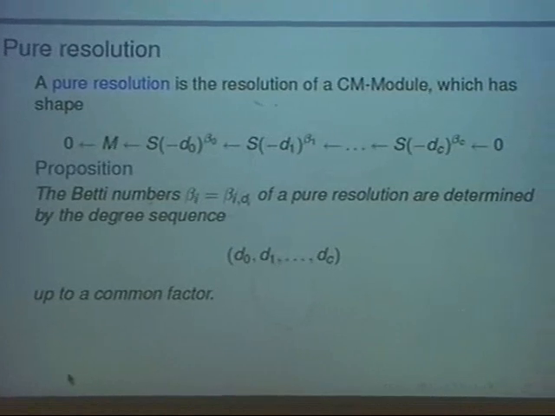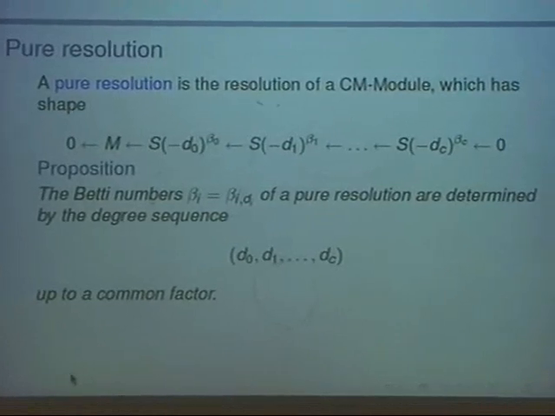And if M moreover would be an algebra, so beta_0 would be 1 and d_0 would be 0, then the multiplicity conjecture left and right coincide, and we can compute the multiplicity using this formula. Of course, this was the starting point to have an idea about the multiplicity in terms of the range.